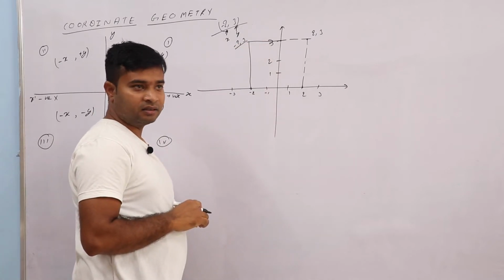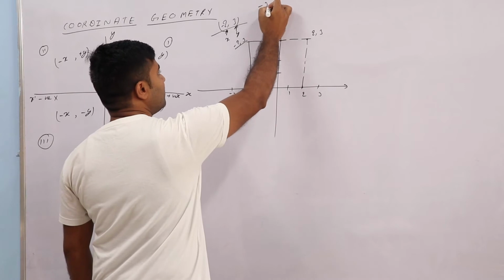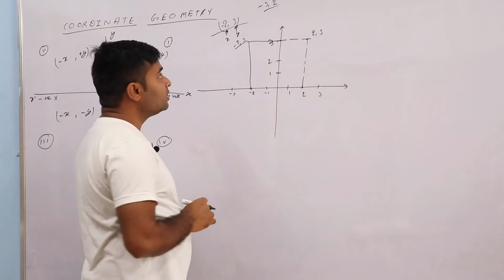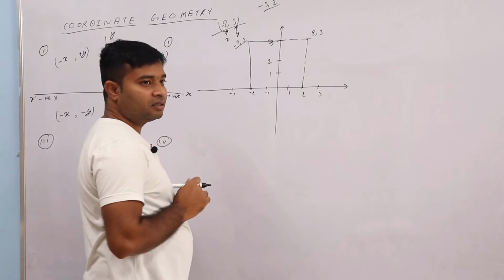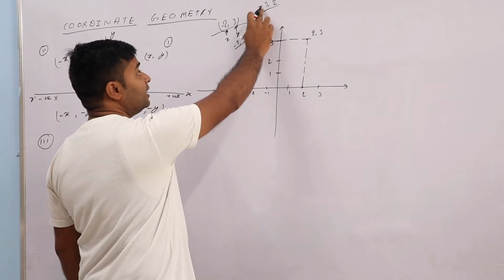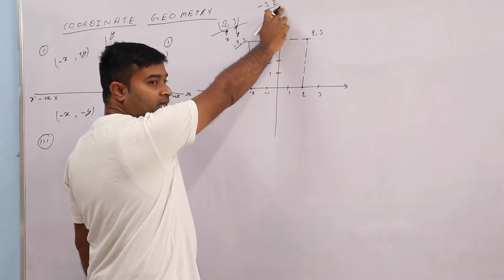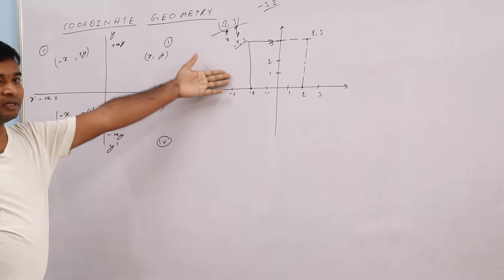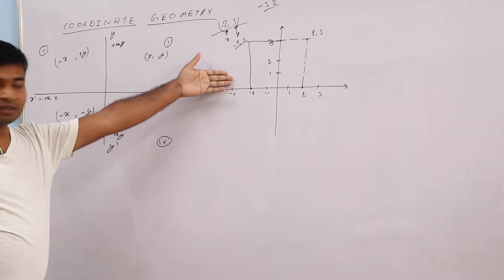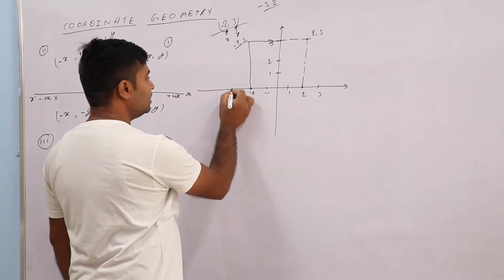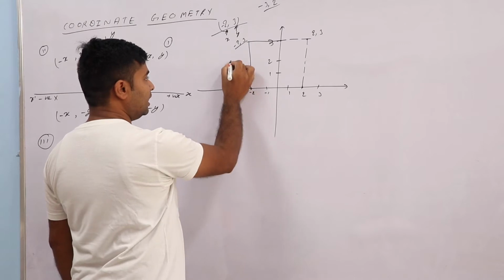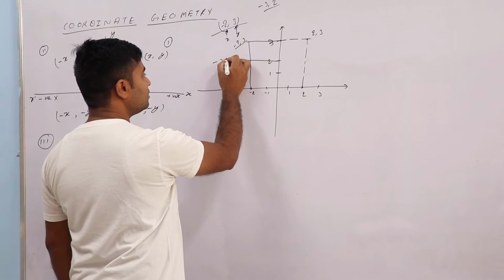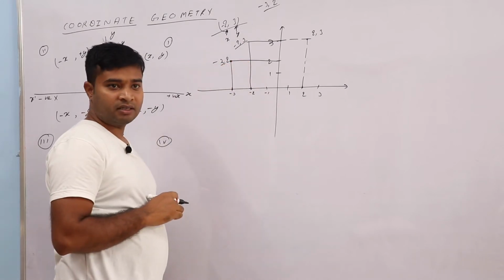If I say to represent minus 3 comma 2, x is minus and y is plus, so second quadrant. This quadrant only will come. So minus 3 means it will come here, and this point is minus 3 comma 2.